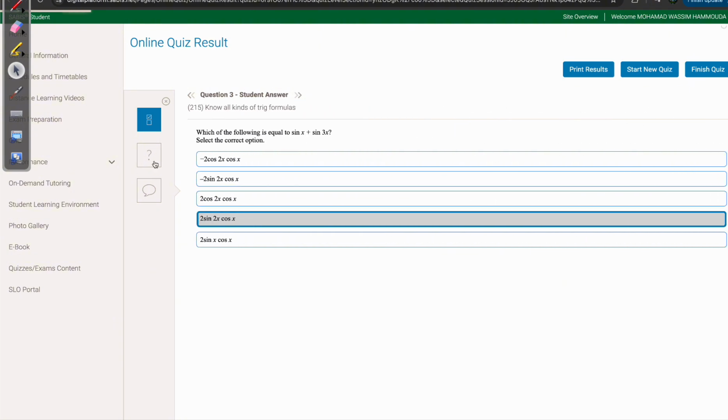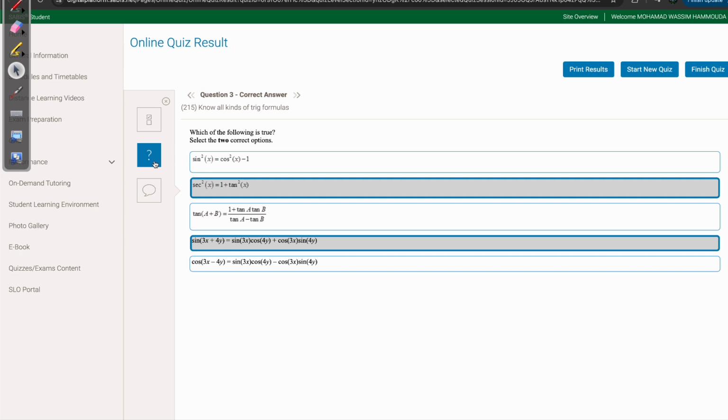Number 3. Which of the following is true? Select the two answers. Now for this rule, it's just memorization. 1 plus tan squared is equal to secant squared.